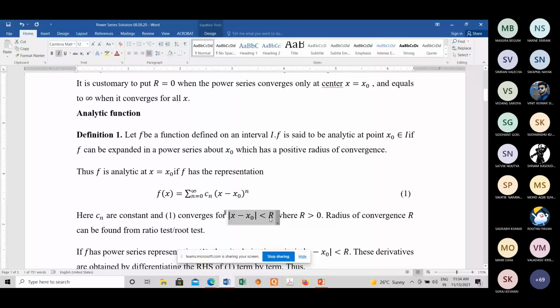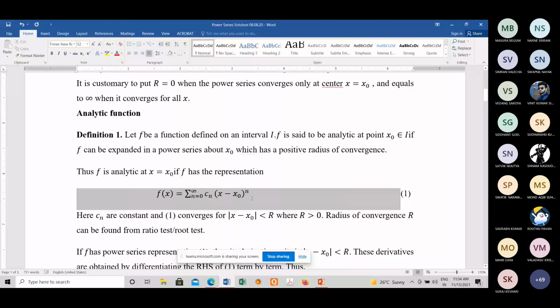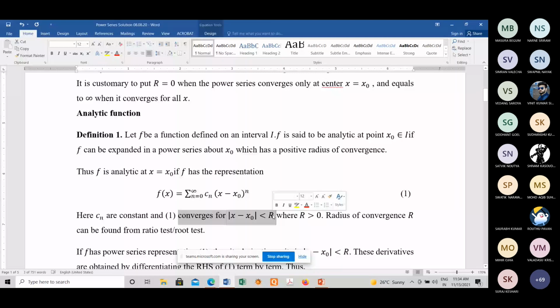So if f(x) can be expressed in terms of a series for all x in this interval, then f is said to be analytic. Here the c_n and r are constants and the series converges. It means this series converges for all |x| less than r, and r greater than 0. This radius of convergence can be found from the ratio test or root test.